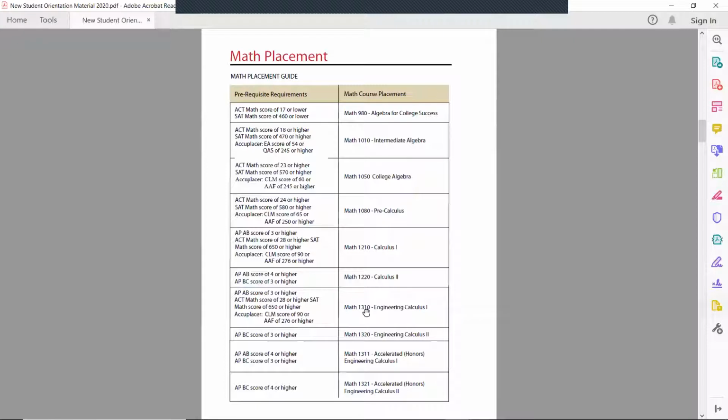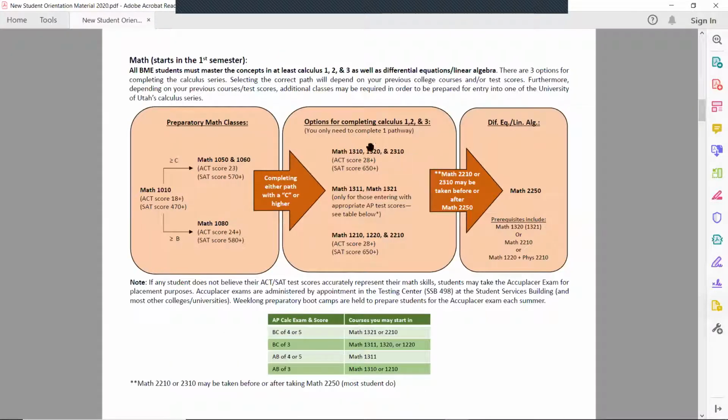Now, another question that comes up, do I take Math 1310 or do I do Math 1210? They have exactly the same criteria on here. My rule of thumb is that when you look at these flows through here, 1310 here versus 1210 here, take the engineering version. You're actually going to learn math that's applicable to problems you're going to run into in your engineering classes, and you get a better foundation.